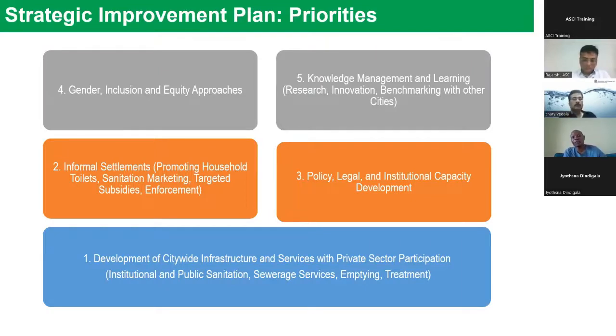We had very fragmented policy, legal, and institutional structures at the city level, so we wanted to streamline those as well. There were issues of gender inclusion and equity, so we wanted to have these approaches in schools, in health facilities, and in public facilities as well. And we realized that we could not just do this in isolation.